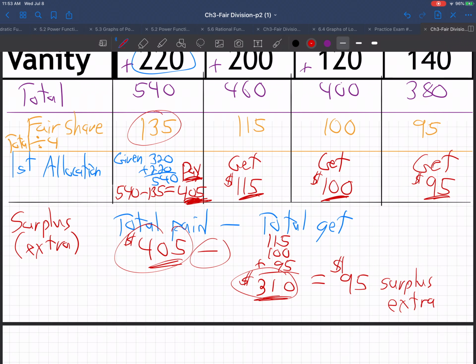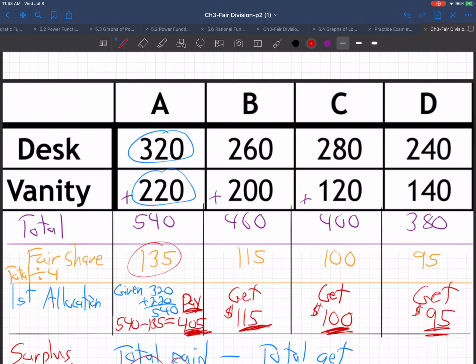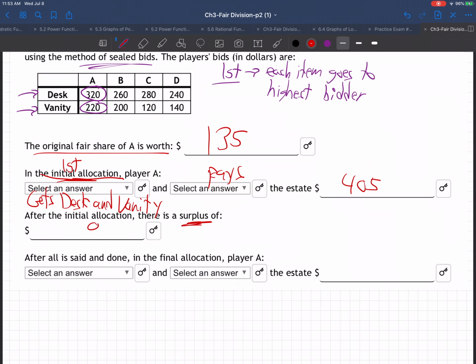That's extra money left over because there was more money paid into the estate than was given out of the estate, right? 405 was paid into the estate, and then 310 was given out to players B, C, and D. So that leaves 95 surplus extra. Let's go up and answer that. What's the surplus? $95. All right.